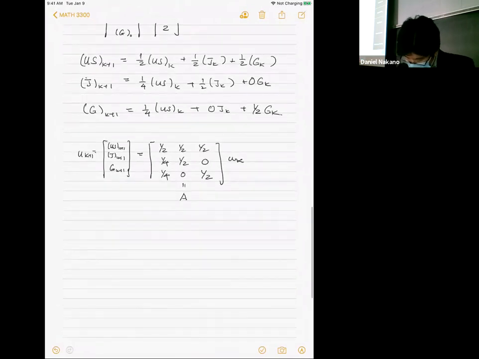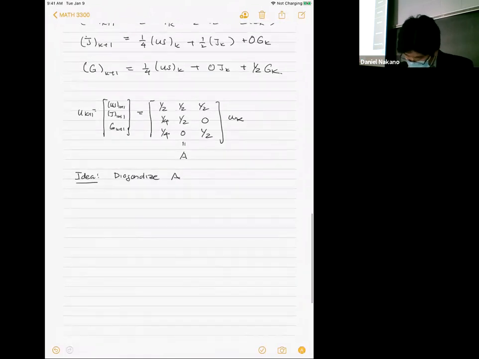So the idea is diagonalize A. Okay, all right, so the eigenvalues of A are lambda 1 equals 1, lambda 2 equals 1/2, and lambda 3 equals 0.